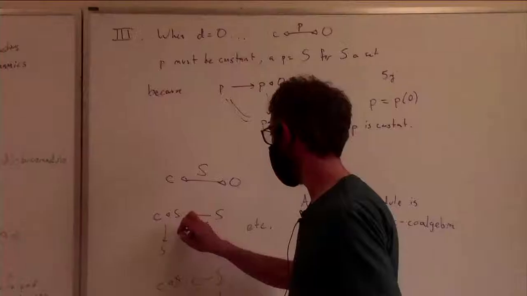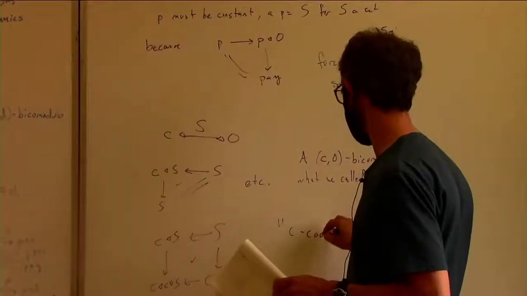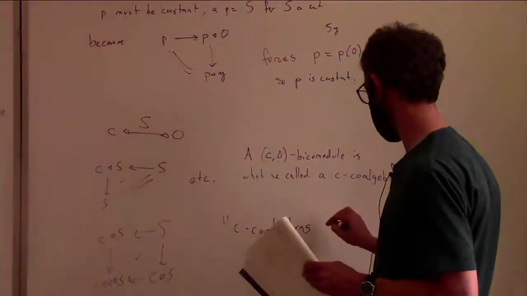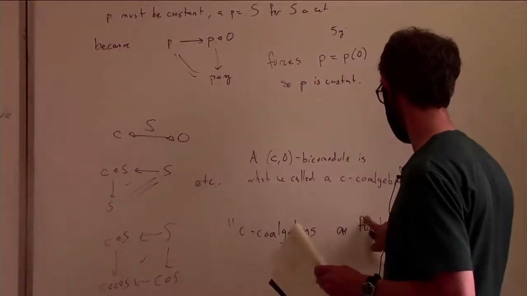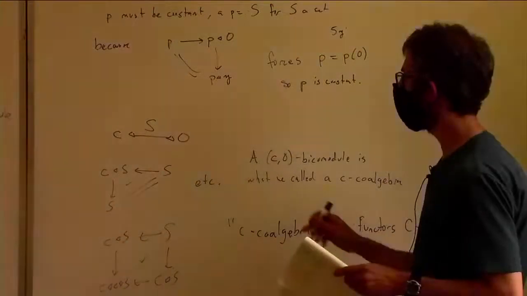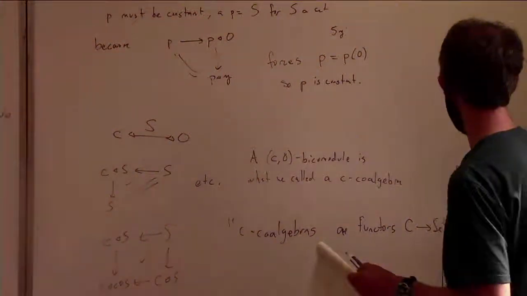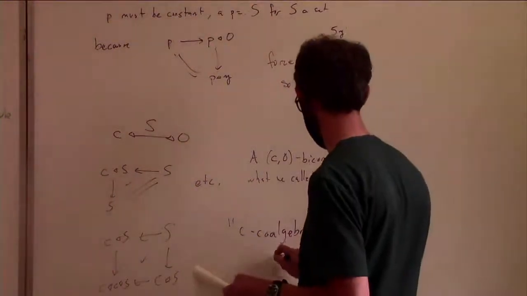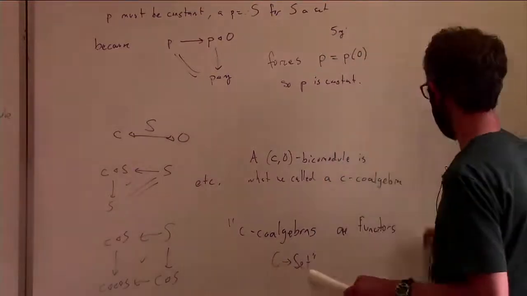And we said C coalgebras, we proved it, at least I think we did, we at least explained it. We said that C coalgebras can be identified with functors from C to set. So C0 bimodules are functors from C to set, or they're equivalent. And so let me write out an equivalence of categories. Okay, so here's the little theorem.